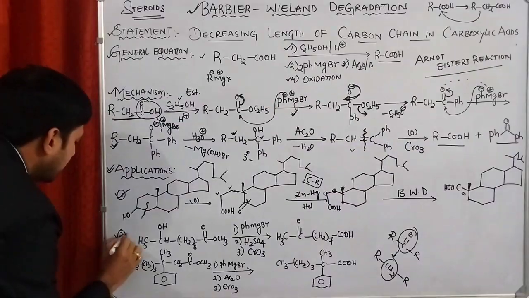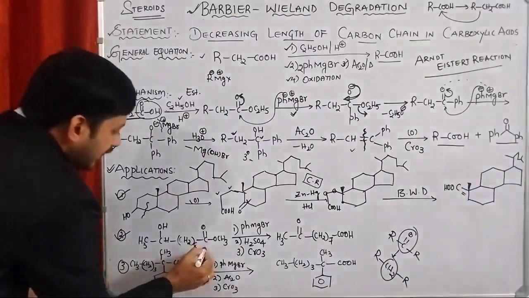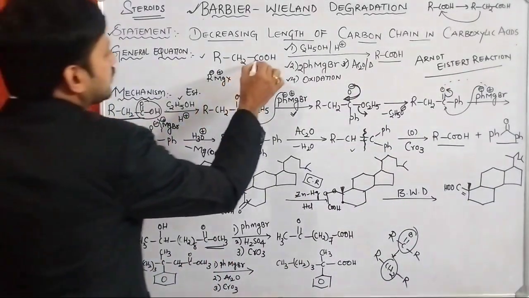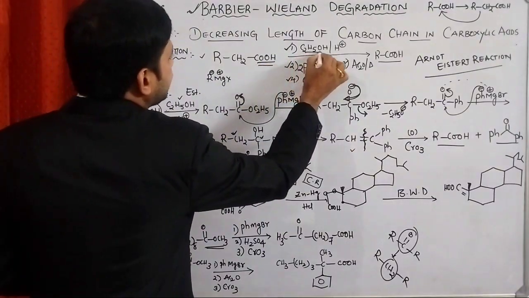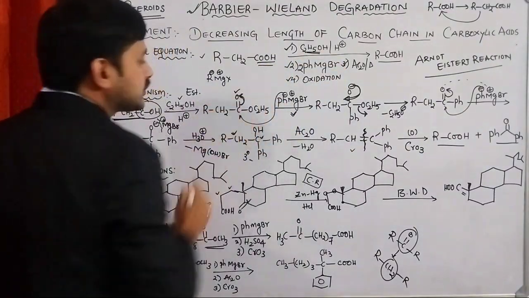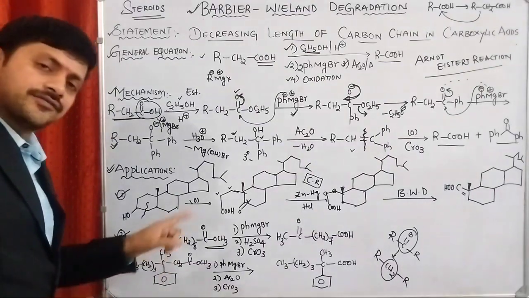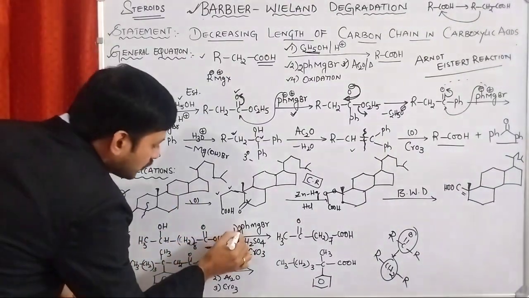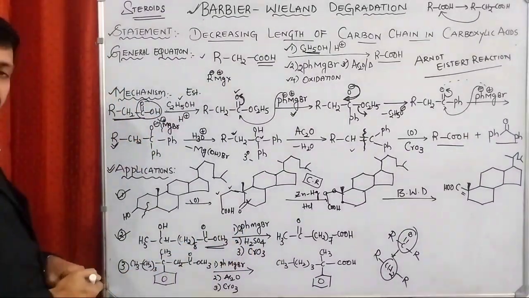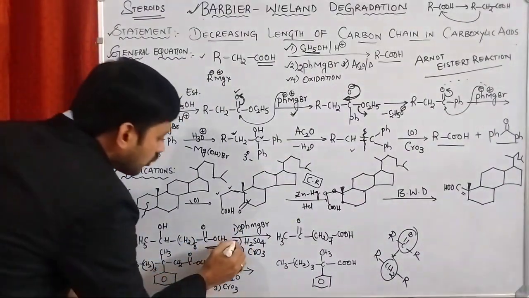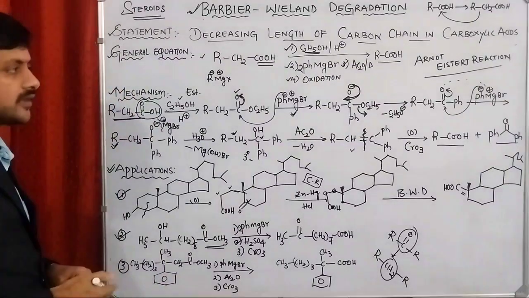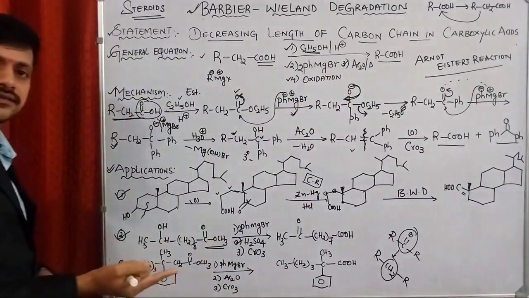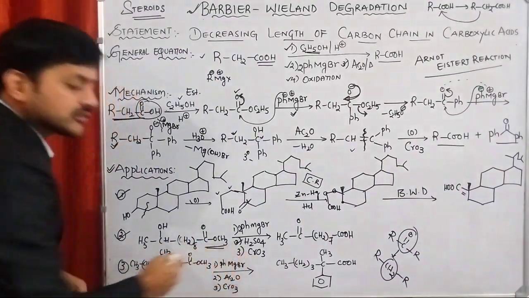The second example, see this. Already an ester group is present here. First the carboxylic acid is treated with alcohol, which initially produces the ester. It means the first step is already done. So in the second step, we need to use 2 moles of phenyl magnesium bromide followed by a dehydrating agent. Here we have used acetic anhydride, here we are using sulfuric acid, and then the oxidizing agents.